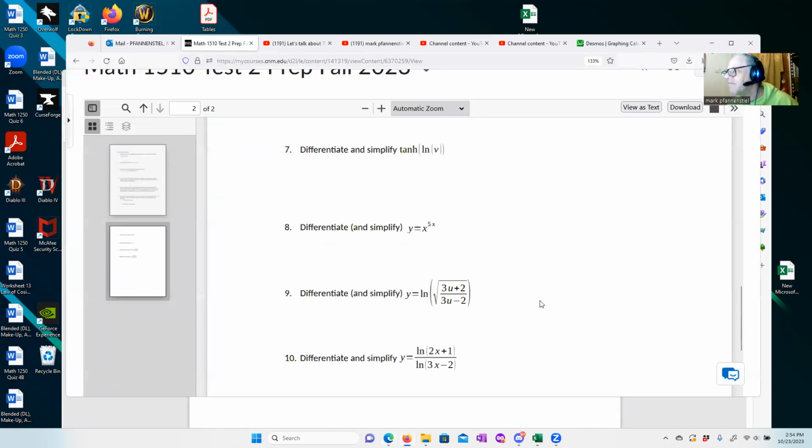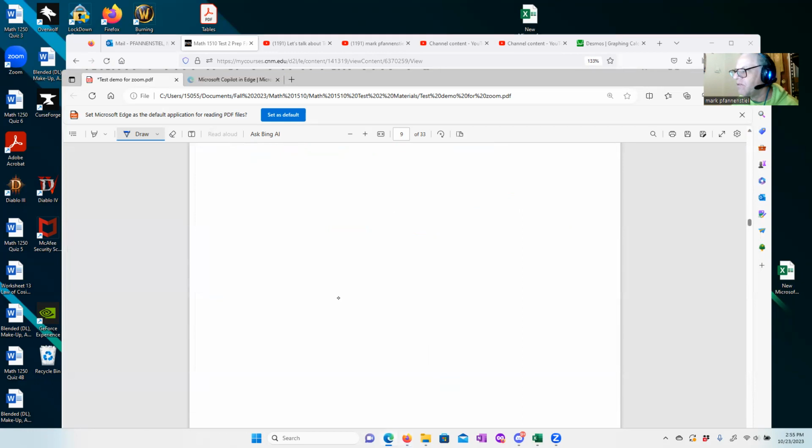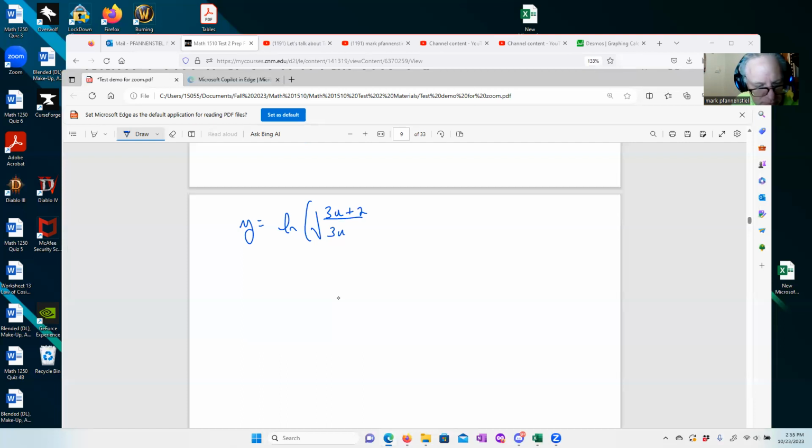Logarithm problems are always fun. y equals natural log of the square root of 3u plus 2 over 3u minus 2, and simplify. So we have y equals ln of the whole square root on one side of this.